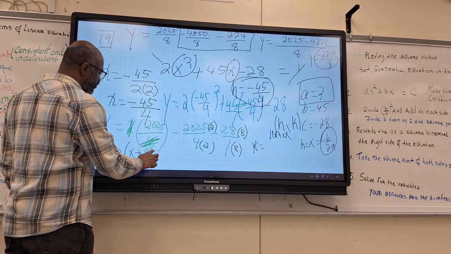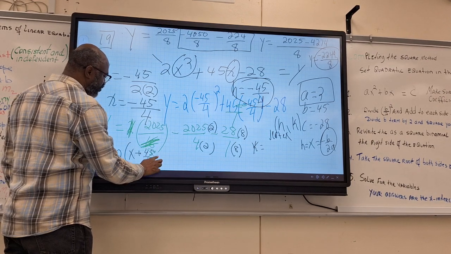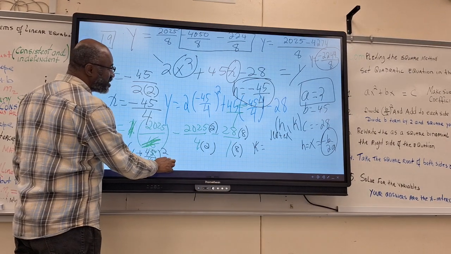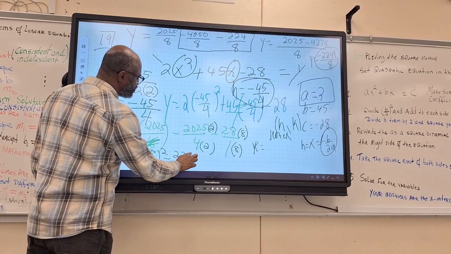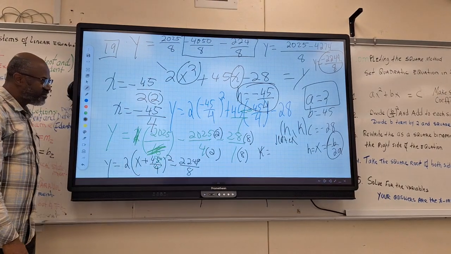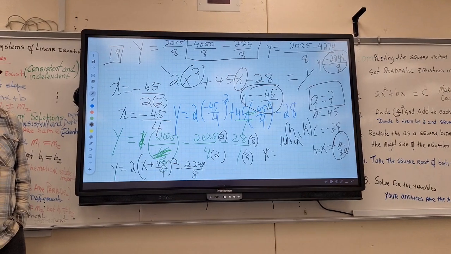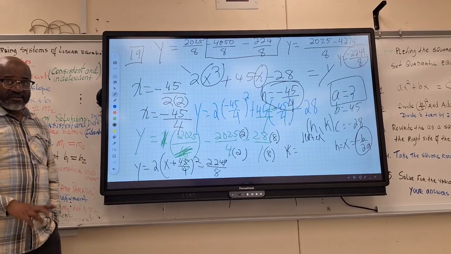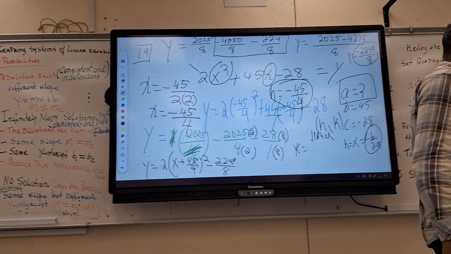Plus 45 over 4 squared. You are supposed to write an equation in what? In vertex form. Right? And this is my equation in vertex form. So if you did using complete the square, you will have already in vertex form. Right? This is the piecemeal, you have to get them piece by piece, then you put what? Everything together. That's it.